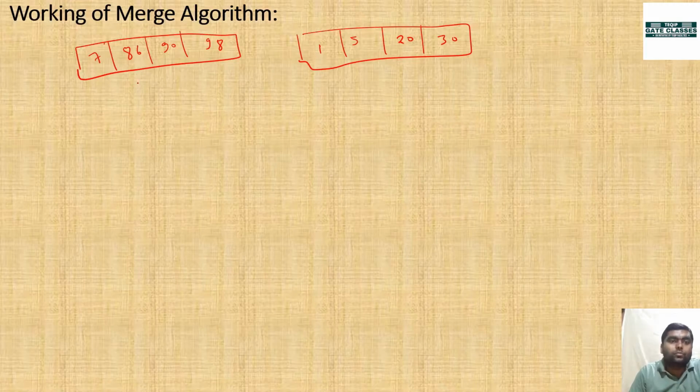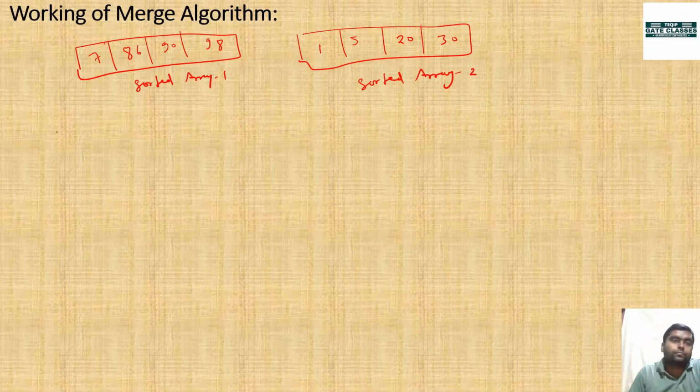So this is sorted array 1, and this is sorted array 2. So given two sorted arrays.